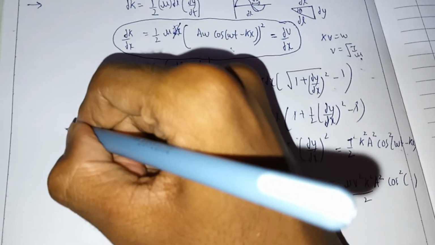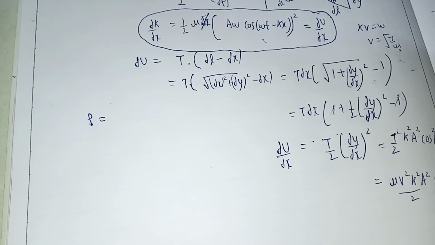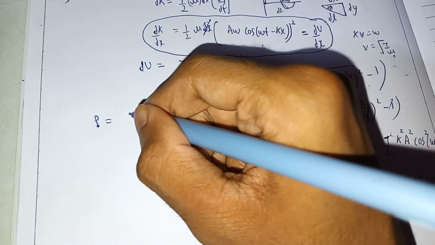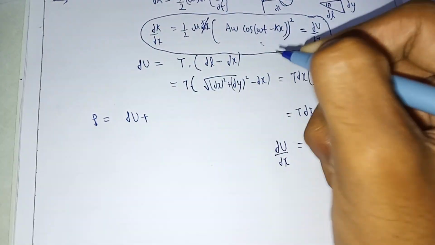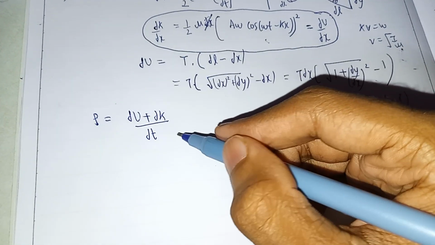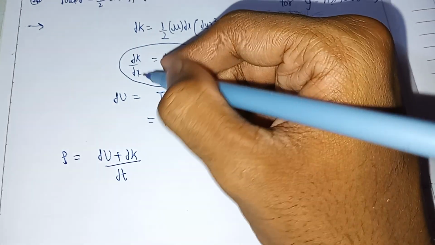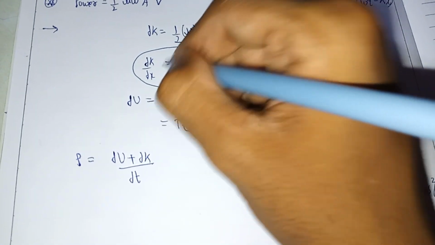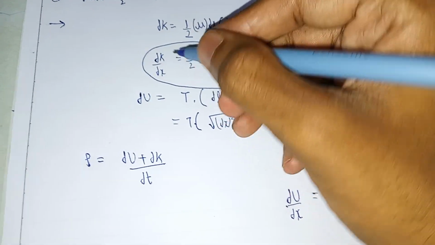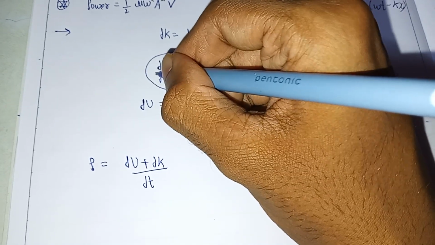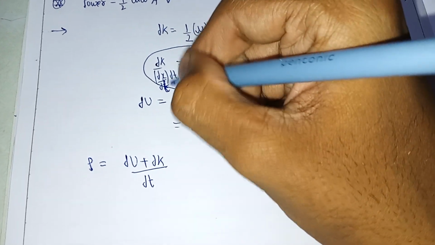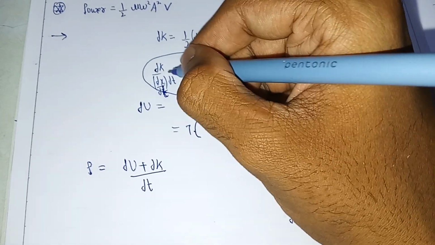Now let us find the power. Power can be given as average energy per unit time, and average energy would be just dU plus dK divided by time. We have dK by dx, so we divide and multiply by time, so you would have your value of dU by dt and dK by dt. Here dx by dt would definitely mean the velocity of the wave.